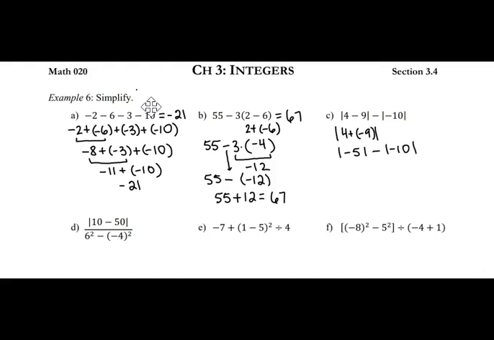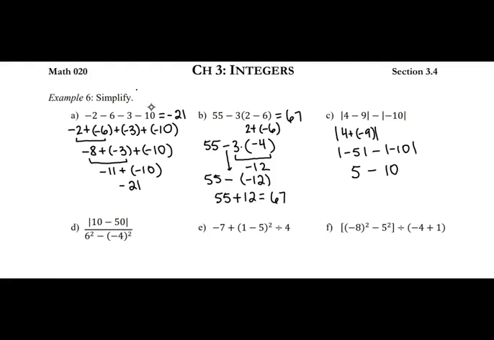Now that I only have one number inside each of the absolute value brackets, I can evaluate my absolute value. So the absolute value of -5 is 5, because -5 is 5 units away from 0. So I have 5. Copy down the minus sign. The absolute value of -10 is how far -10 is away from 0, which is exactly 10 units. So the absolute value of -10 is 10.